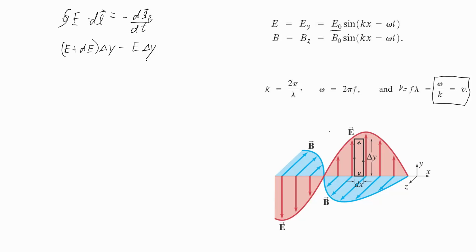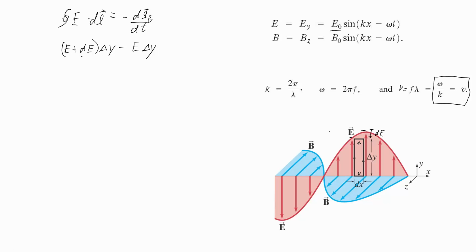The minus E delta y is this side, where they're anti-parallel, so that's why I get a negative sign. We'll say that the field has a value of E here, and dl evaluates to delta y. Over here, the field is a little bit higher than here. Essentially, I'm calling the difference in the field dE. Now don't confuse this difference with an actual distance. I'm talking about the magnitude of the field. It's not a spatial distance.